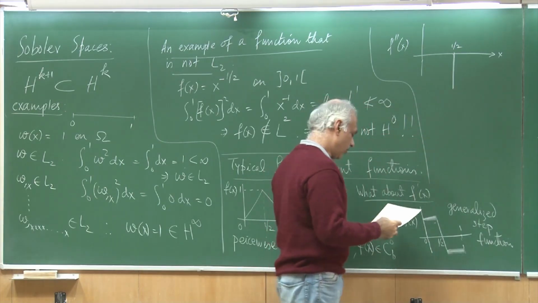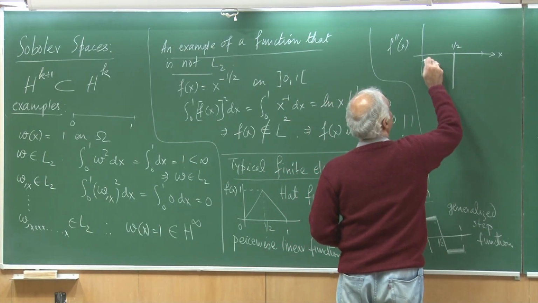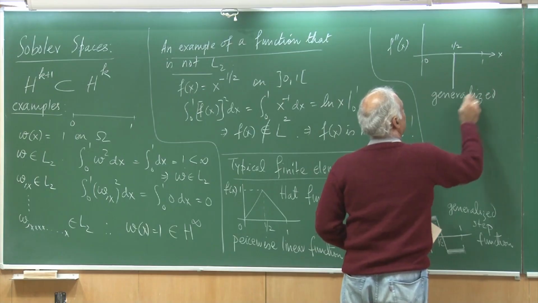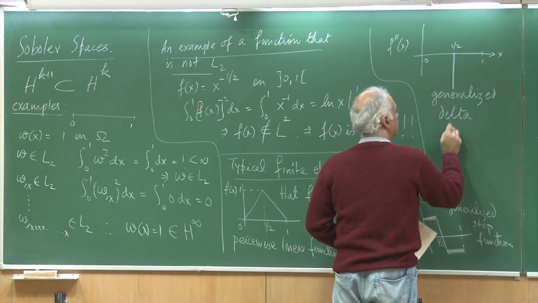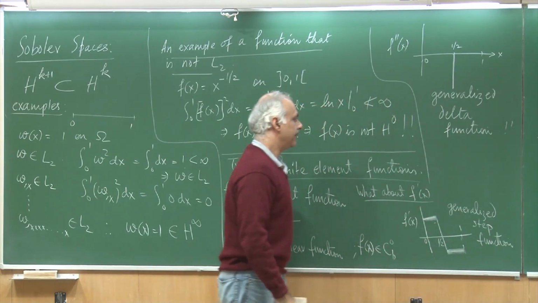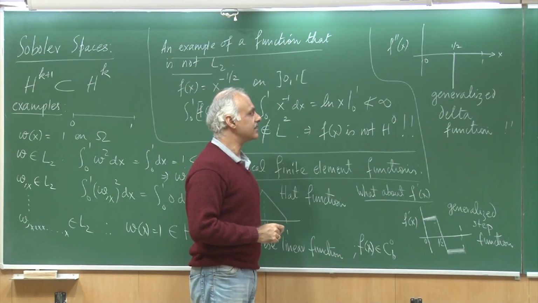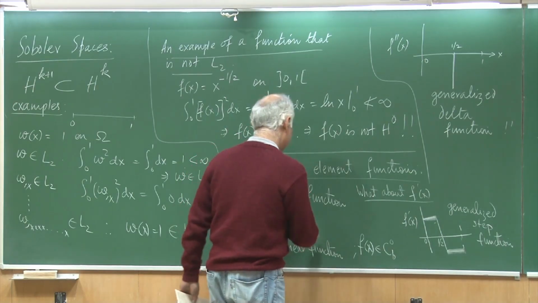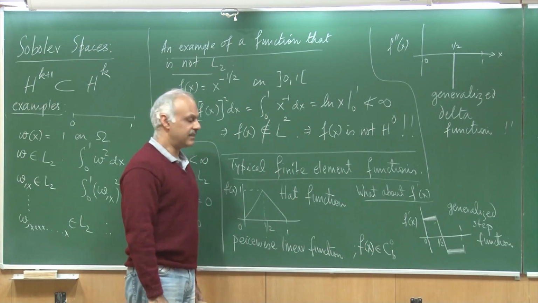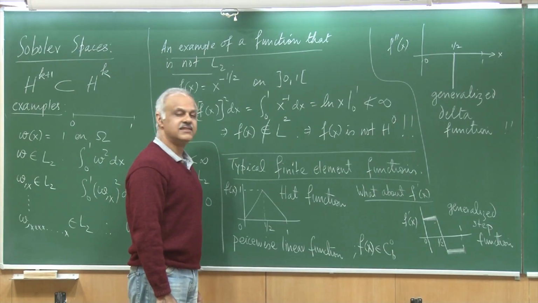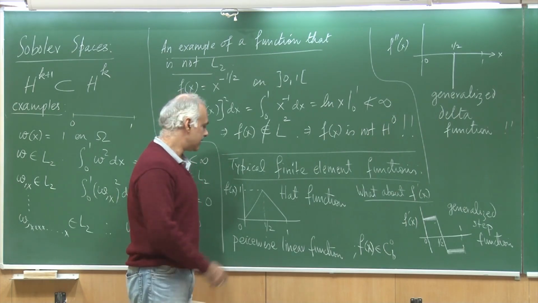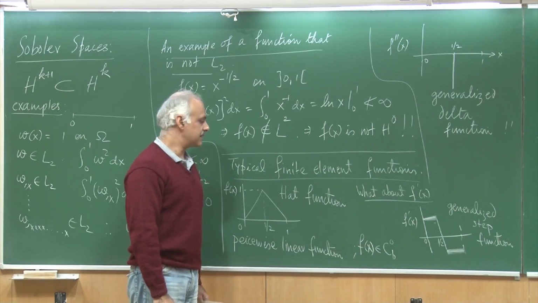I can call this a generalized delta function. This is clearly not continuous. In fact, the hat function would simply be C0b, and these are typically called C0 functions. They are only continuous, their derivatives are discontinuous at some finite number of points in the domain.